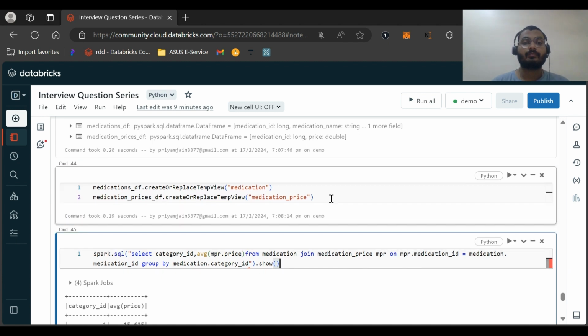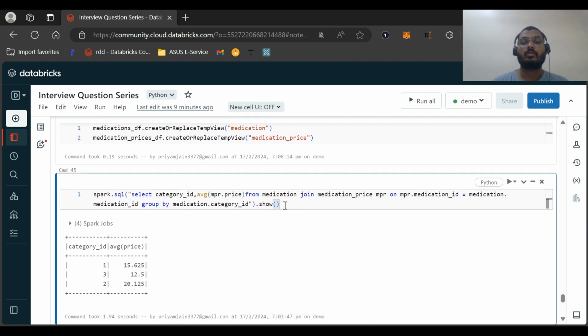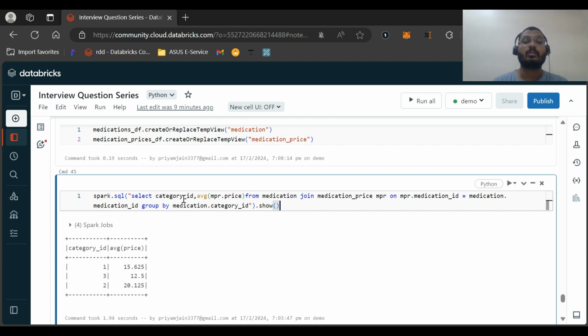We are registering them, and then spark.sql, where we provide a SQL query. The SQL query is: select category ID, which is the group by column, right? Then average of mpr.price from medication join medication_prices aliased as mpr on mpr.medication_id equal to medication.medication_id, then group by medication.category_id, dot show.